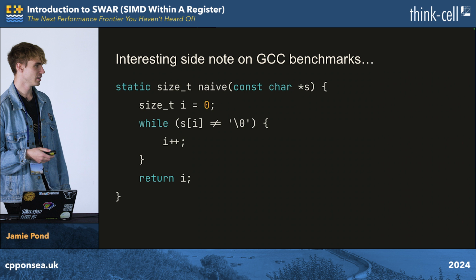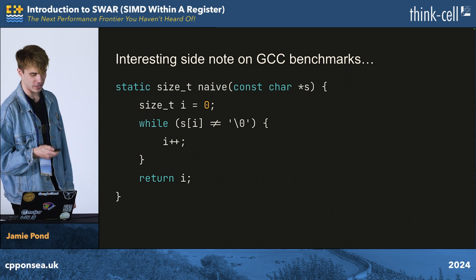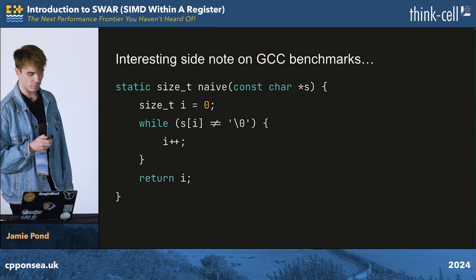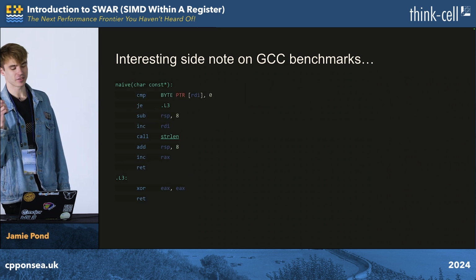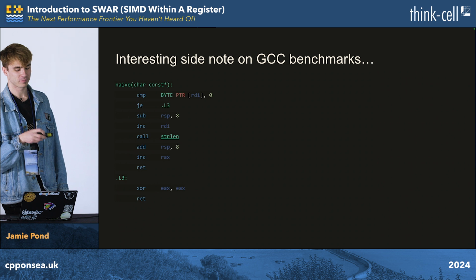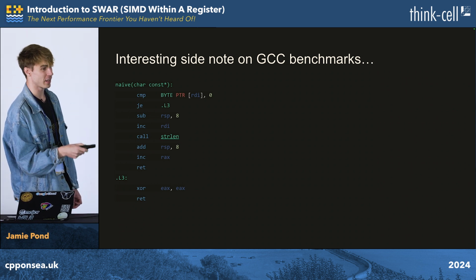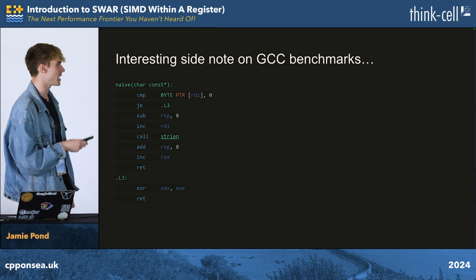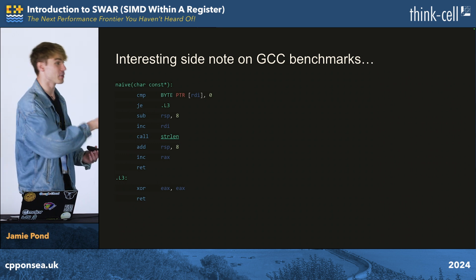And so we started to go through the assembly, as you do on GCC. What we found is that GCC had found the pattern that was string length. It was like, oh, I see what you're doing there. That's string length. Let me just drop in this implementation as opposed to trying to explicitly optimize exactly what you said.